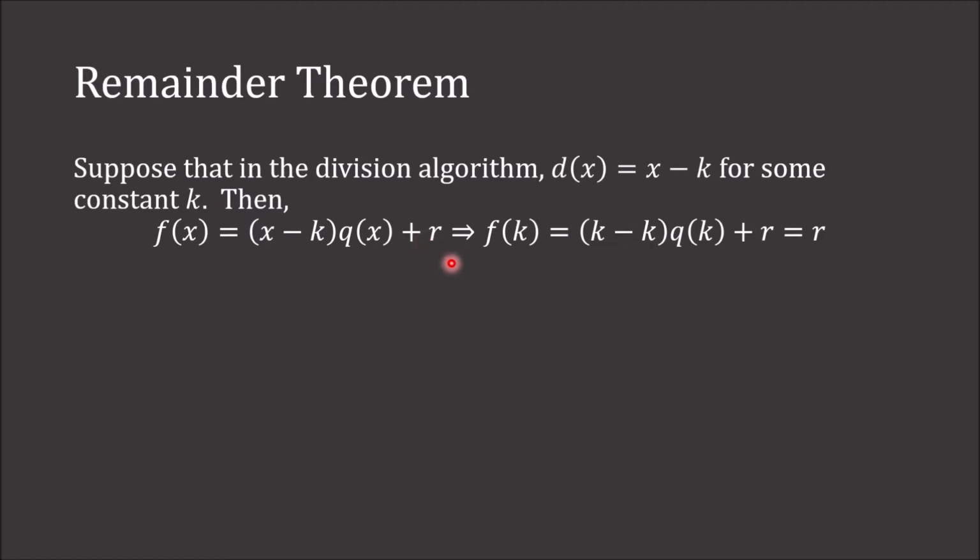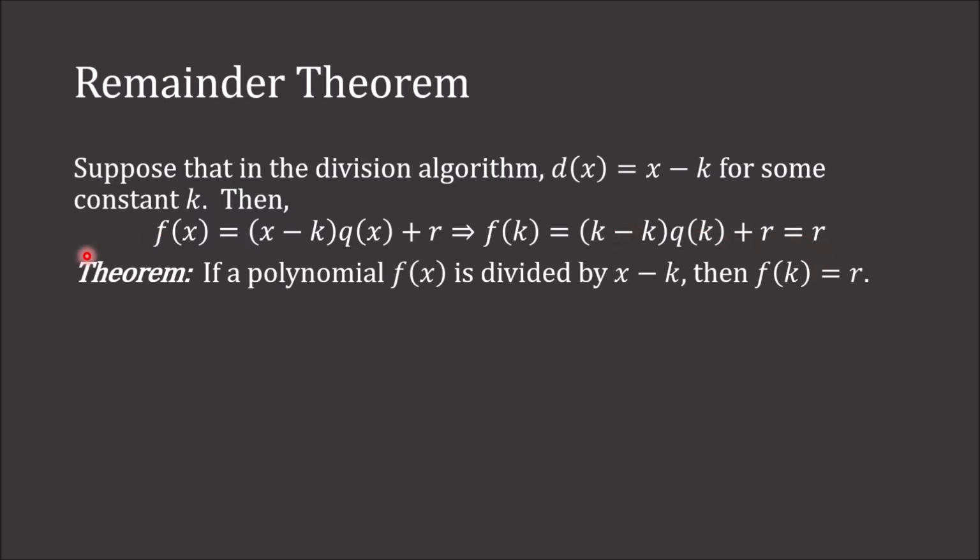Well, f of k would then be k minus k times q of k plus r. This is 0 here, so all we're left with is r. So the remainder theorem is, if a polynomial f of x is divided by x minus k, then f of k is equal to r. Let's go ahead and apply it.